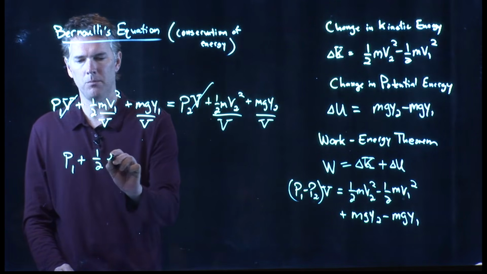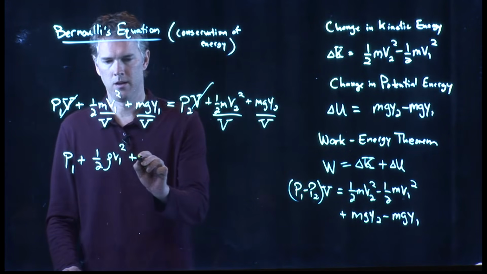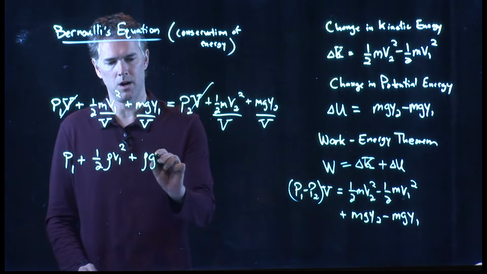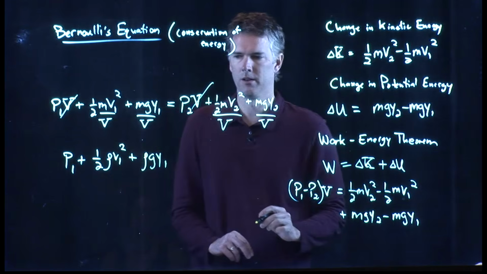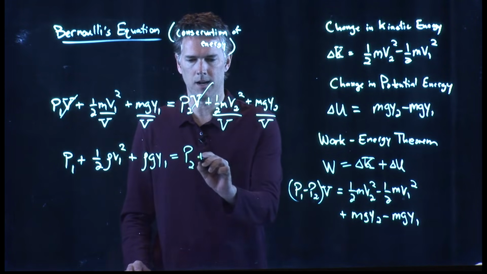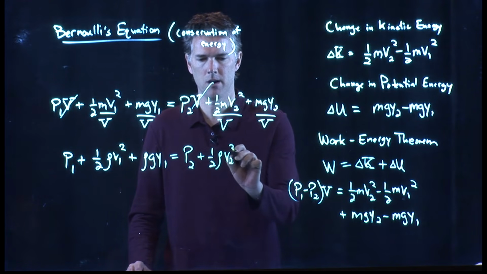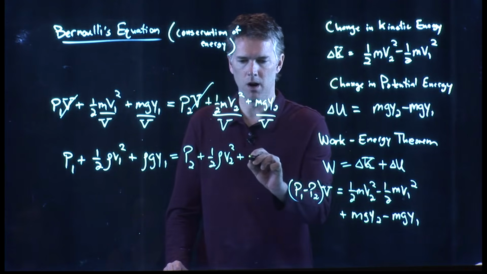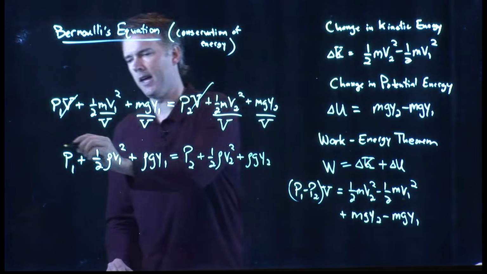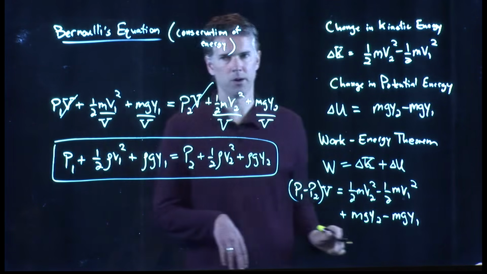And so this becomes rho times V1 squared, mass over volume, that's density, rho gy1. The right side, P2 plus 1/2 rho V2 squared plus rho gy2. And guess what? That is Bernoulli's equation.